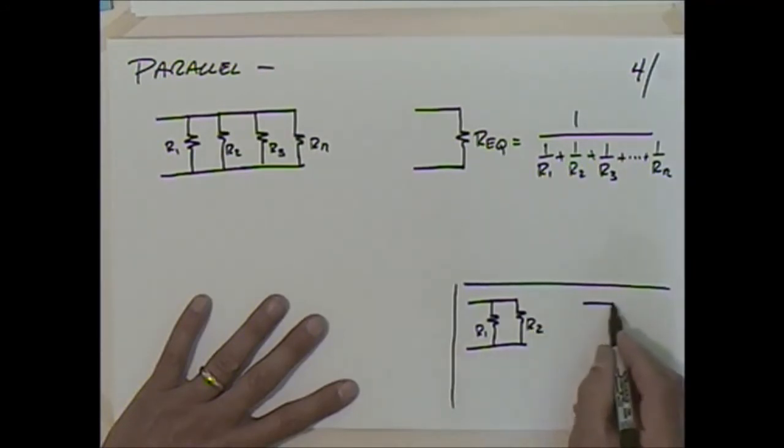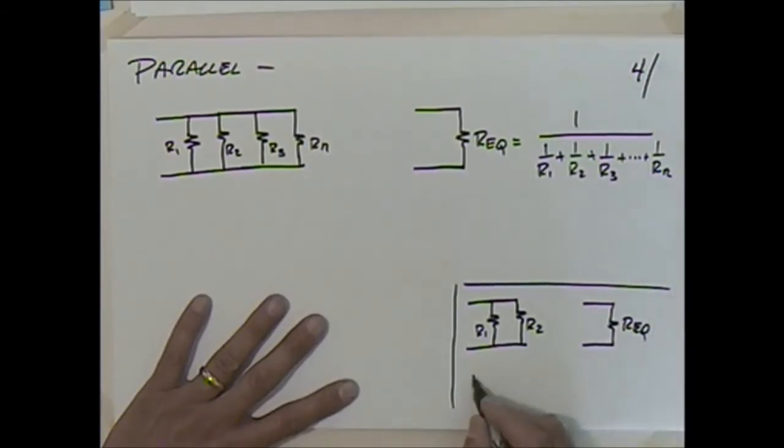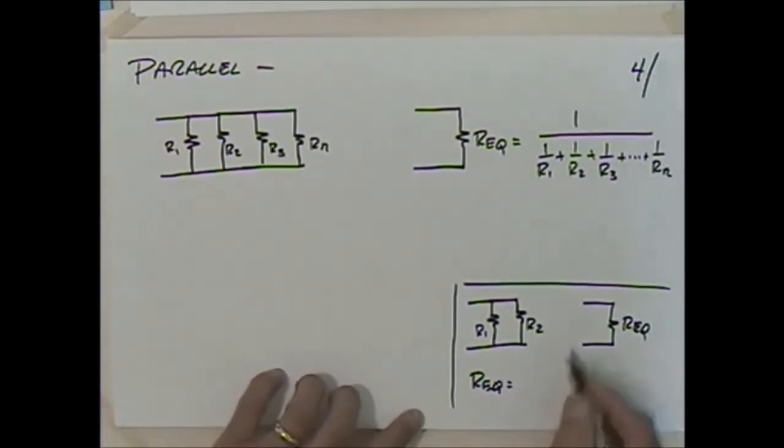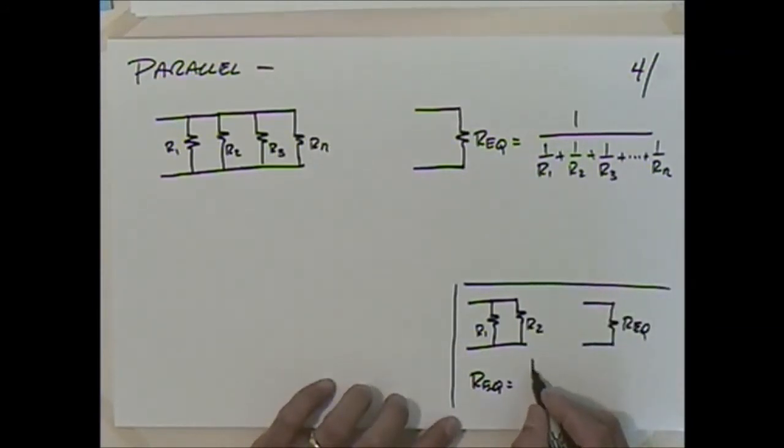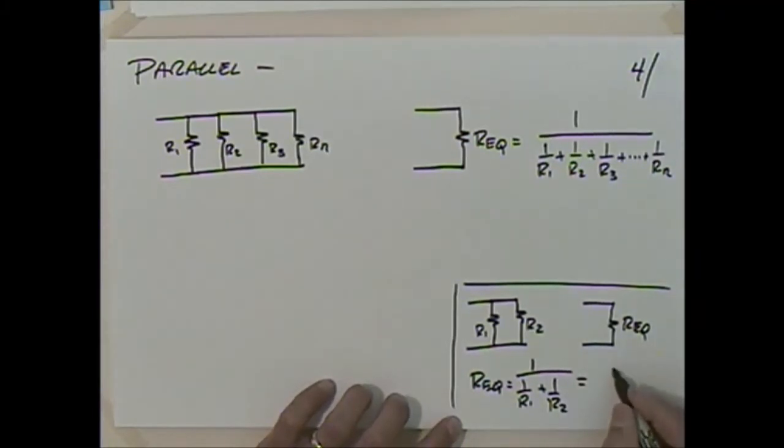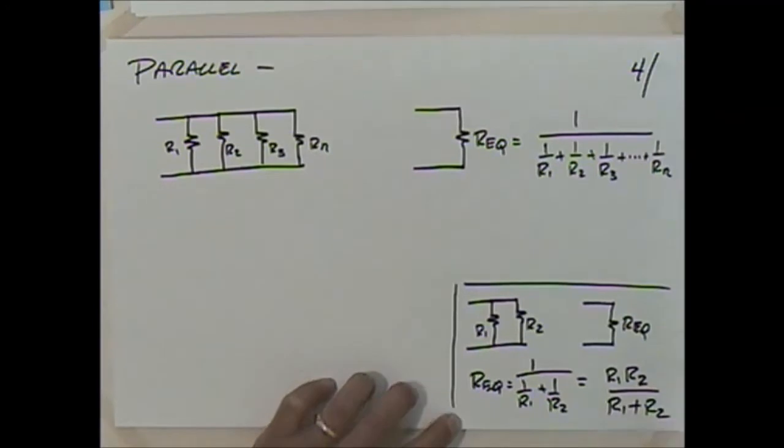We could say that the equivalent resistor here is equal to, well, from that equation up there, it's 1 over R1 plus 1 over R2. If you get common denominators and whatnot, you'll recognize, doing a little algebra here, that it's R1 times R2 divided by R1 plus R2.